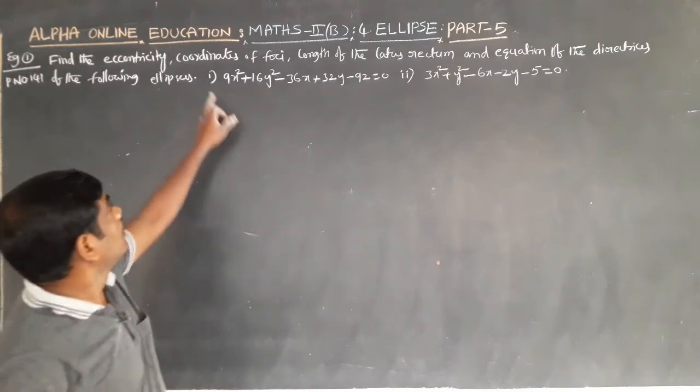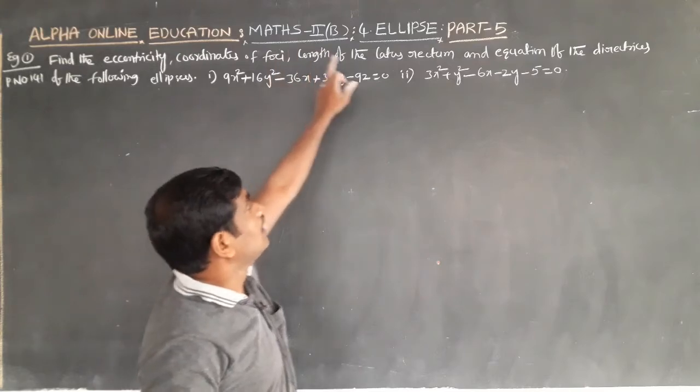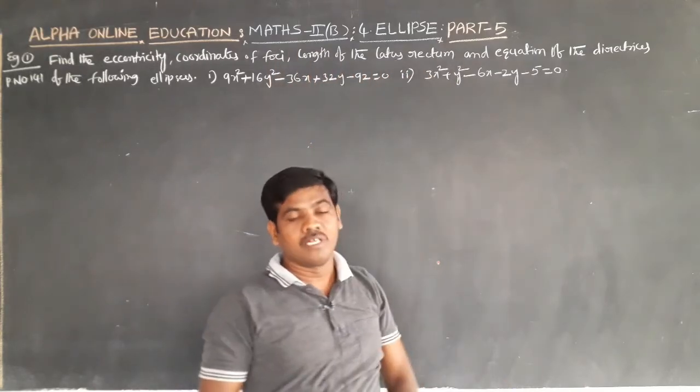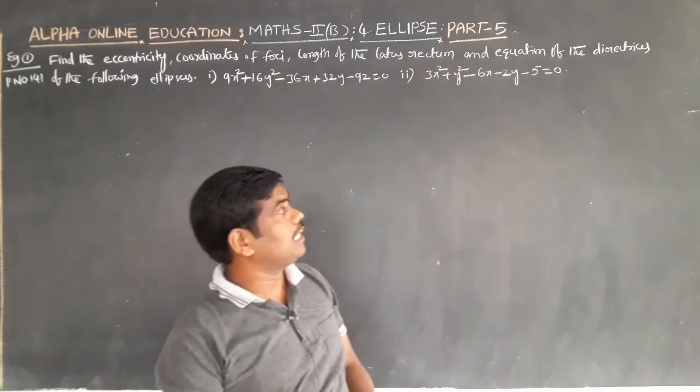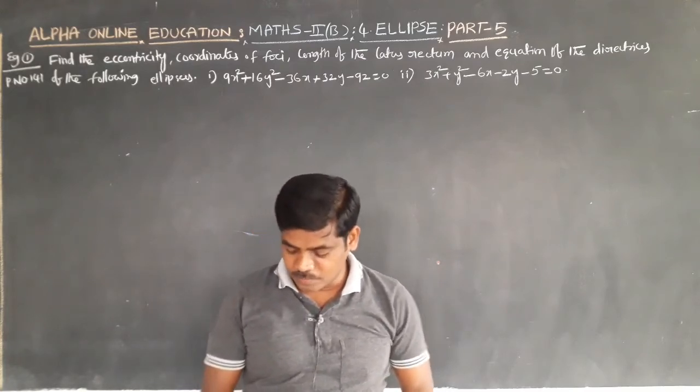Find the eccentricity, coordinates of foci, length of the latus rectum, and equation of the directrices of the following ellipses.